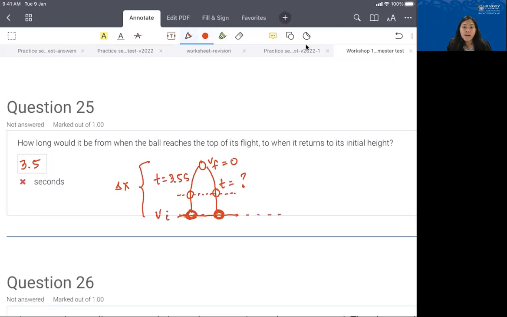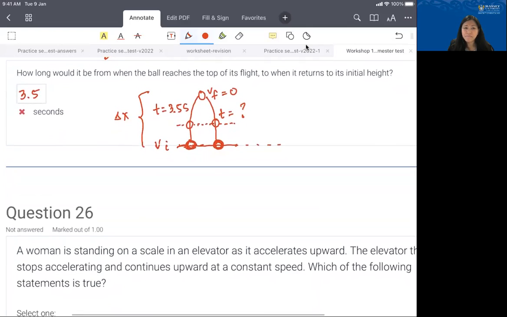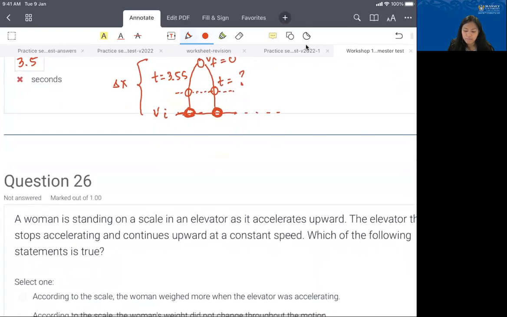Knowing that concept hopefully should give you this 1 mark. It's one of those marks I would consider to be bonus marks, but of course it relies on the conceptual knowledge of free fall.